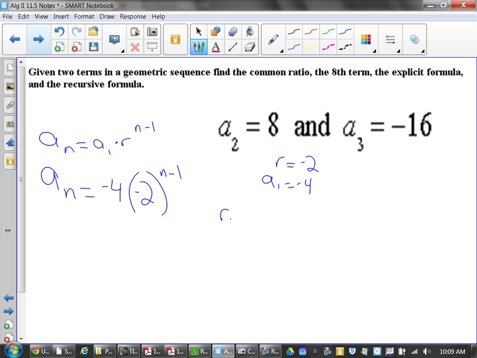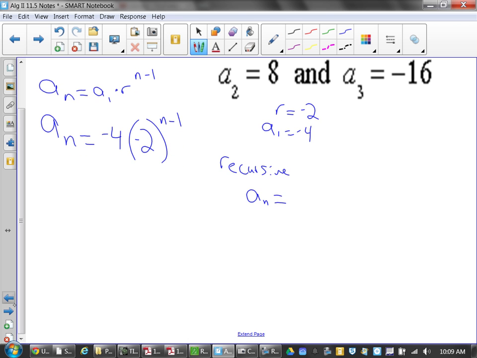So my recursive is going to be a sub n is -2 times a sub n minus 1. That's it. And what's the only other thing you have to write down for recursive? A1. Like I said, it looks a lot more difficult than it needs to be.